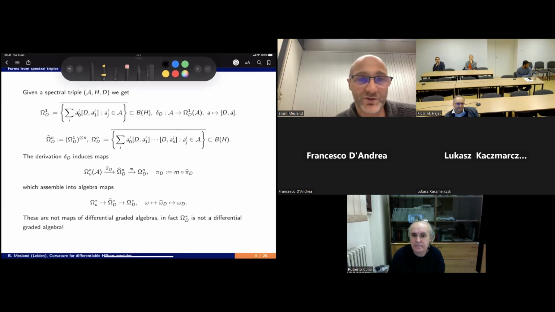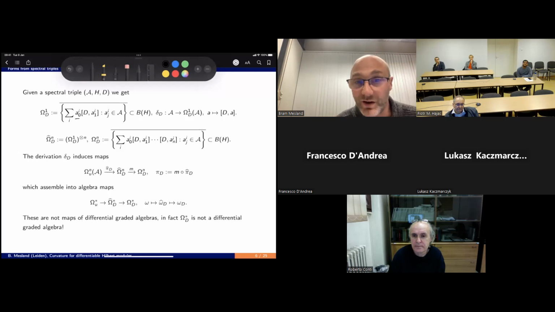And this turns out to be a bimodule over the algebra. So from one side, that is of course clear, so multiplying by something in A from this side is clearly stabilizing Omega^1. But if you multiply from the other side, you play around with the Leibniz rule, you see that you still remain in Omega^1.